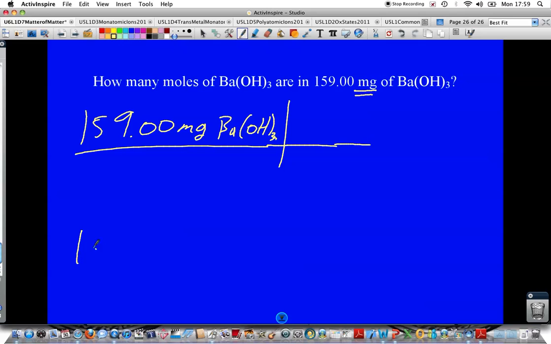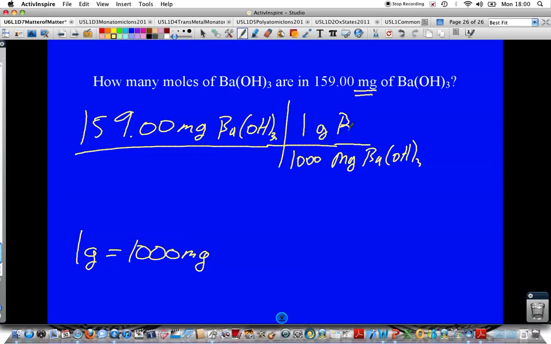Well, 1 gram is equal to 1,000 milligrams. I have milligrams on top, so I want milligrams on the bottom: milligrams of barium hydroxide goes on the bottom with the 1,000, and 1 gram of barium hydroxide goes on the top. If I stop right there, I've converted milligrams to grams.